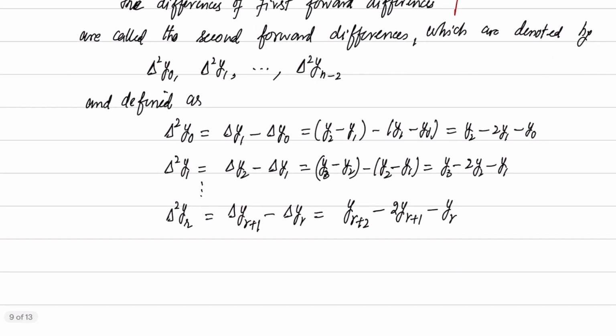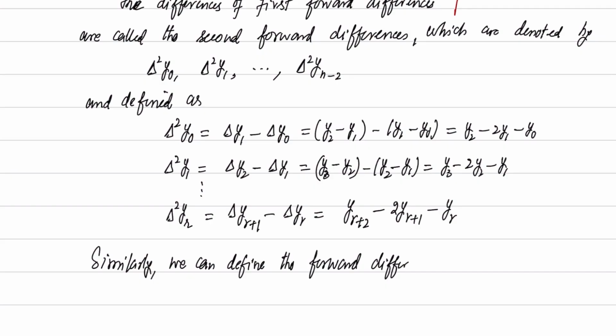Now similarly, we can define the differences of the second forward differences, and they will be called the third forward differences. So in this way, we can define the forward differences of kth order.